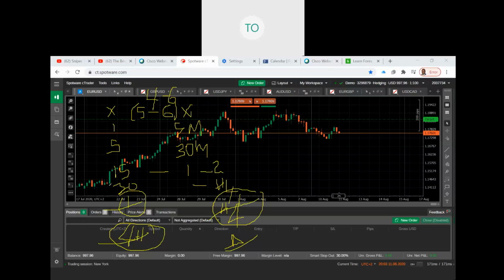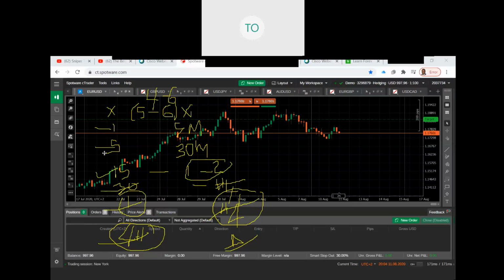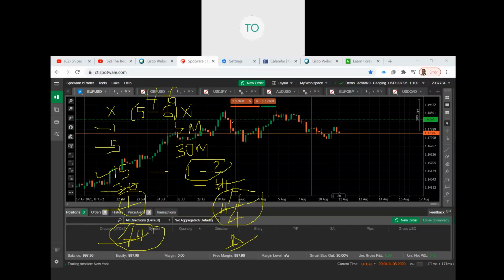The 30 minutes is not very popular, but if you have to use that, then use the higher time frame to plan. Again, the smaller scalping time frames are very popular: 15, which is 1 hour, 5, and then 1 minute. Oh, must you use this? No, but it is advisable.